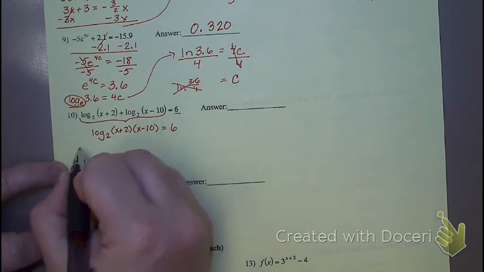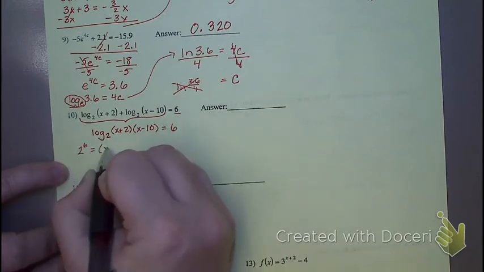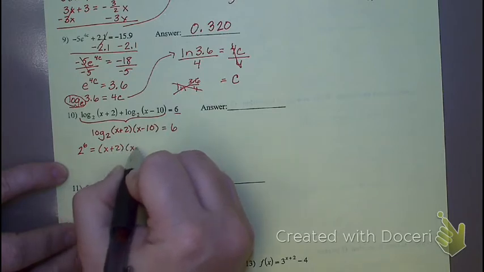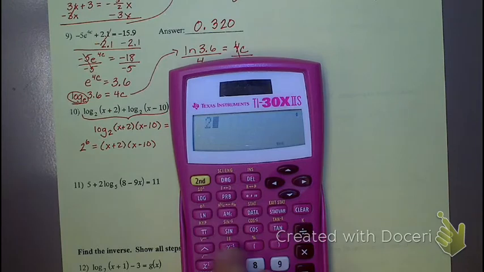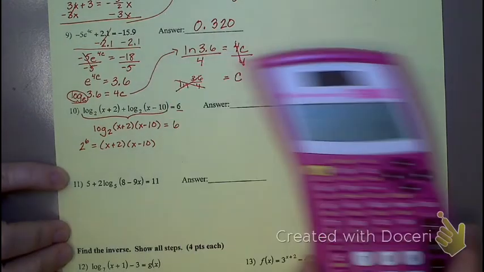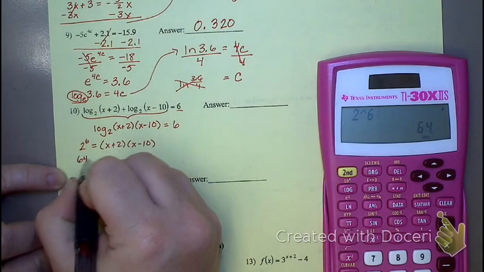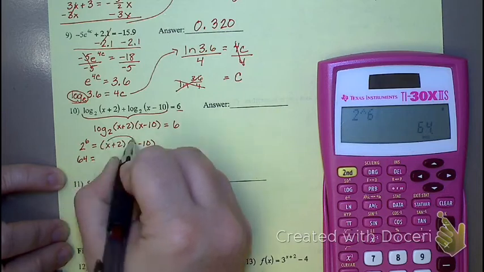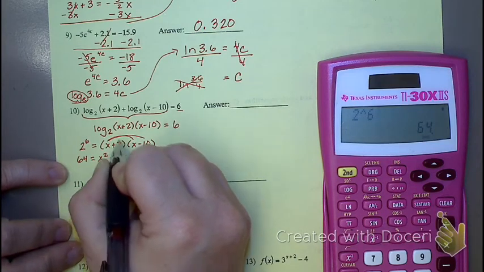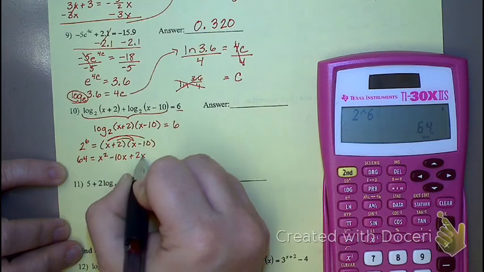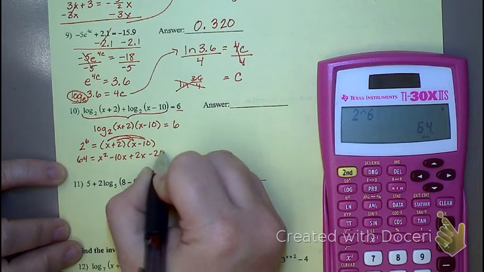Exponential form means I have 2 to the 6th power equals x plus 2 times x minus 10. What is 2 to the 6th power? 2 to the 6th is 64. And then I've got to do some multiplying here. I have x squared minus 10x plus 2x minus 20.